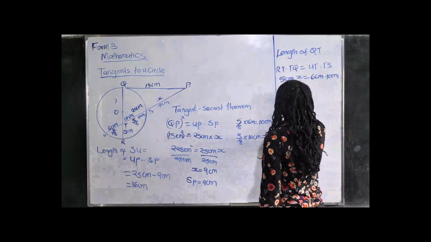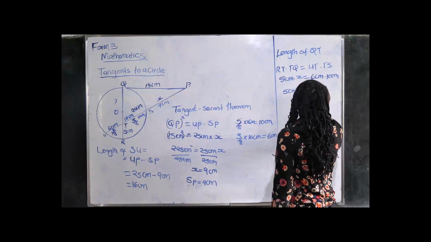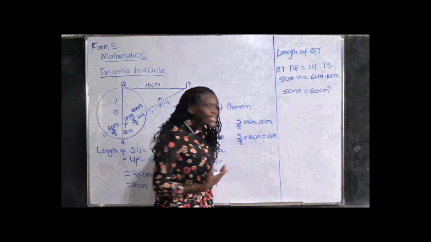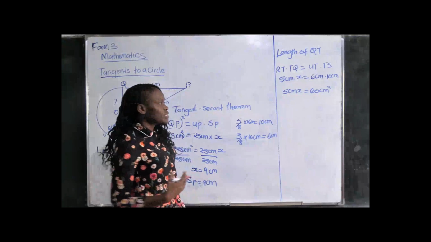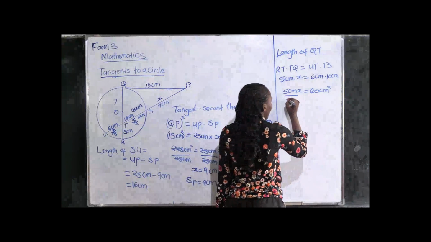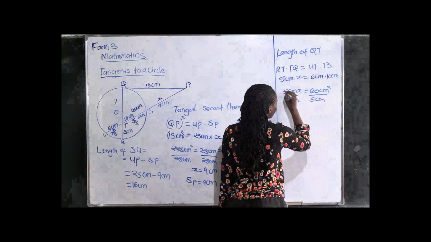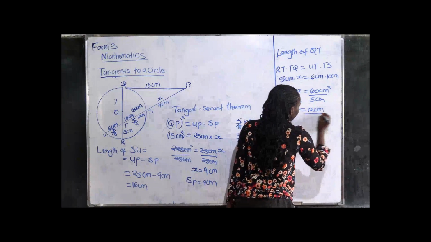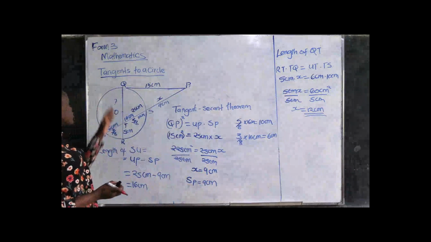We will have 5 centimeter X is equal to 60 square centimeter. To find the value of X, we divide both sides by 5 centimeter. X will be equal to 12 centimeter. So that is how we find the value of X.